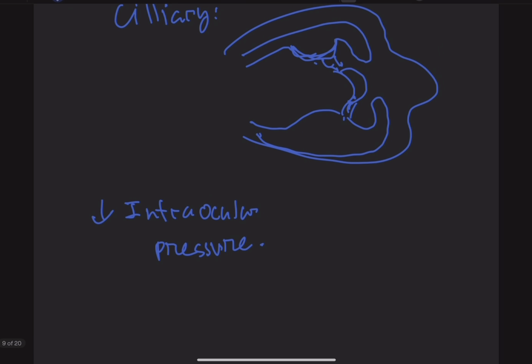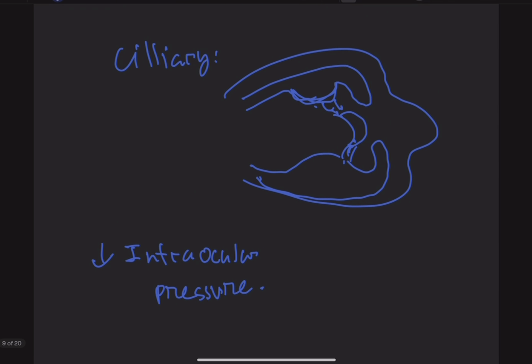There is another thing: these drugs decrease the intraocular pressure. So how do they decrease the intraocular pressure? If we again look at this diagram, when the ciliary muscles contract, there is the trabecular meshwork, and beneath the trabecular meshwork there is the canal of Schlemm.